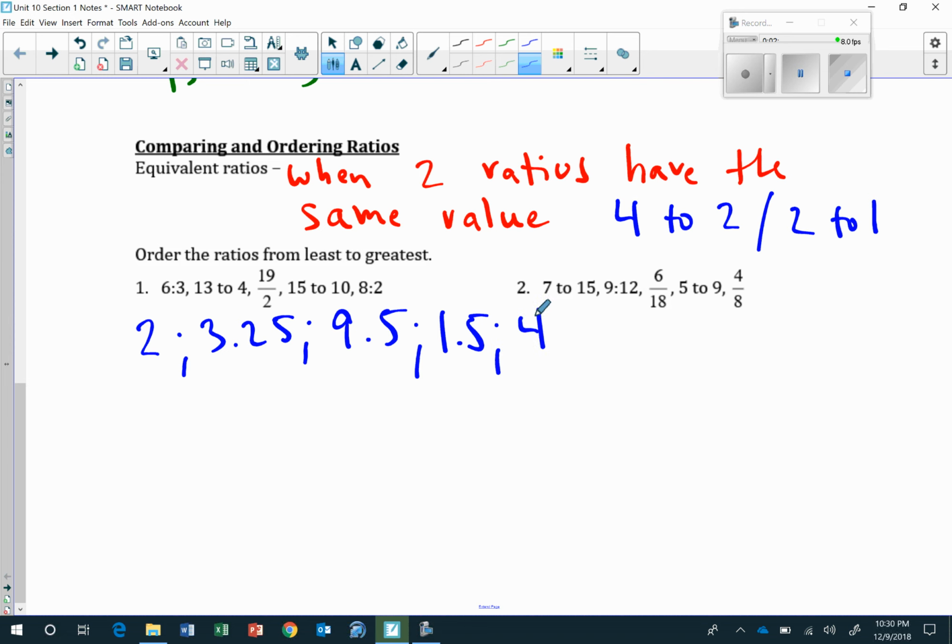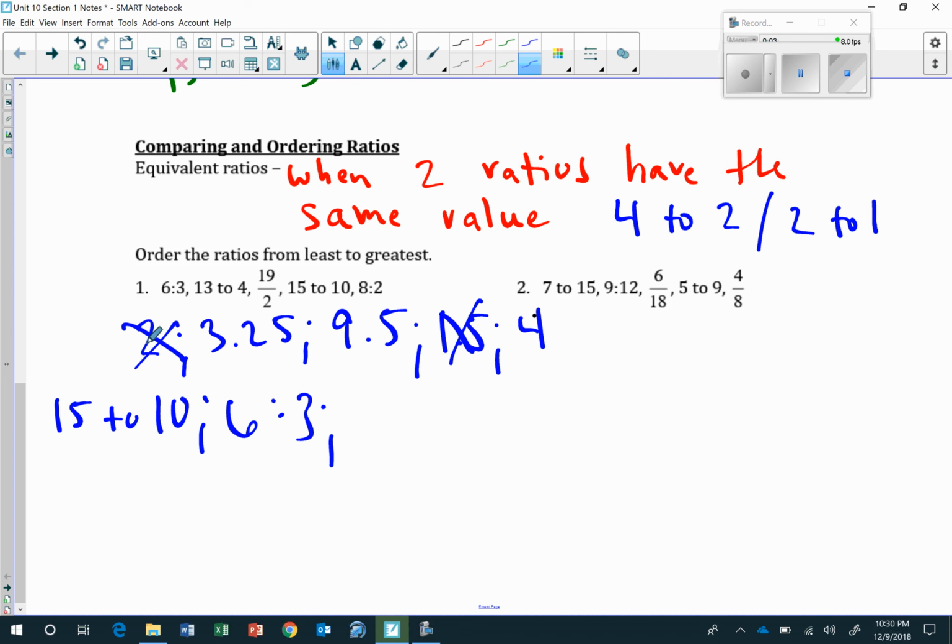So now I want to put these in order from least to greatest. My smallest decimal is 1.5. I need to write that in its original form though. Its original form was 15 to 10. So 1.5 is gone. The next one is going to be 2, and its original form was 6 to 3. So 2 is gone.